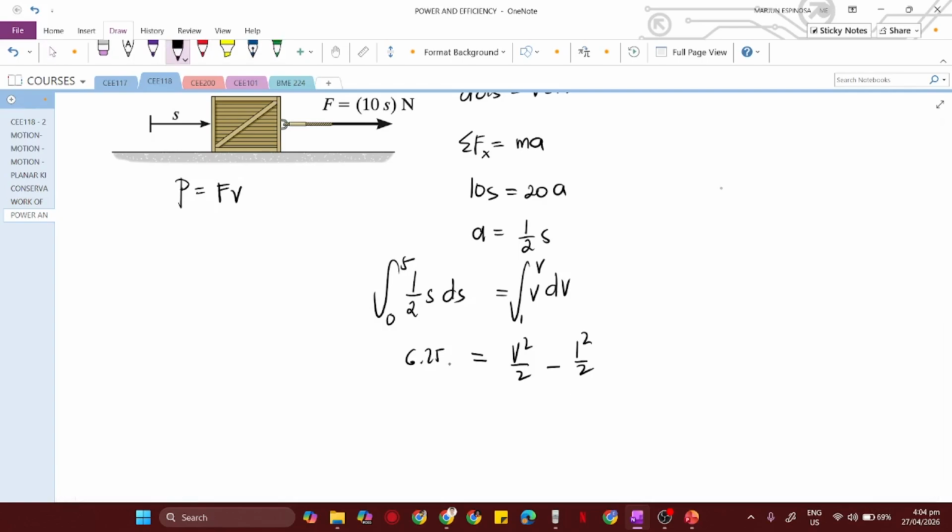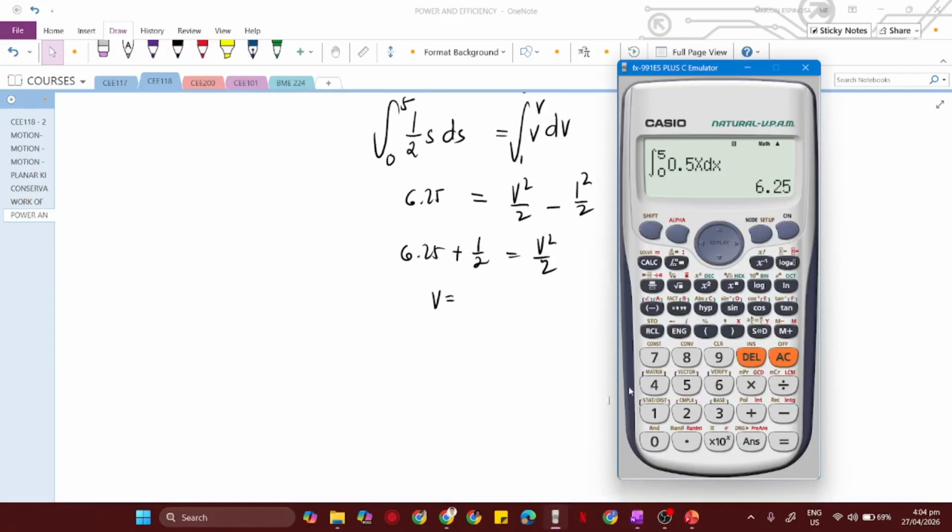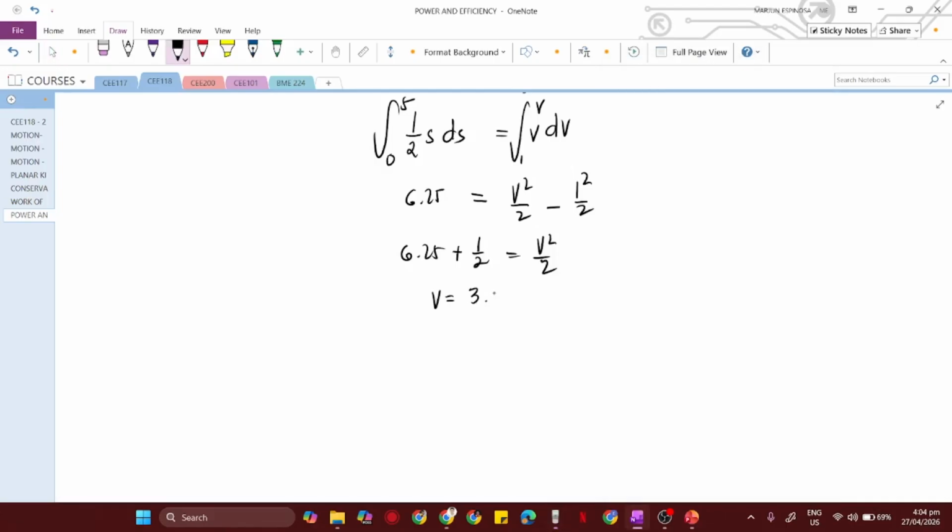Tama ba? So, lagyan natin yung 1 half dito, 6.25, magiging positive 1 half yan, is equivalent to v squared over 2. Then, velocity will be equivalent to 6.25 plus 0.5, times 2, then square root ng answer, you would get 3.674. Okay, 3.674. That is meters per second.